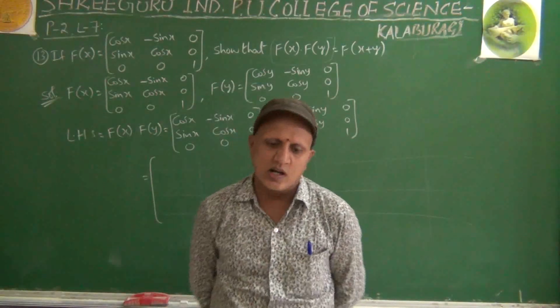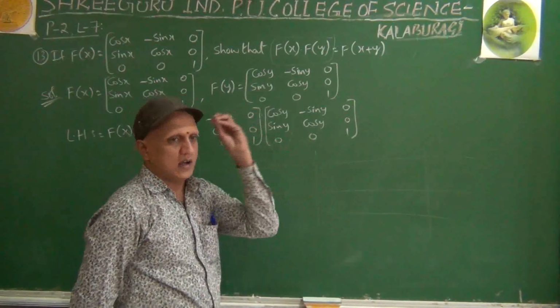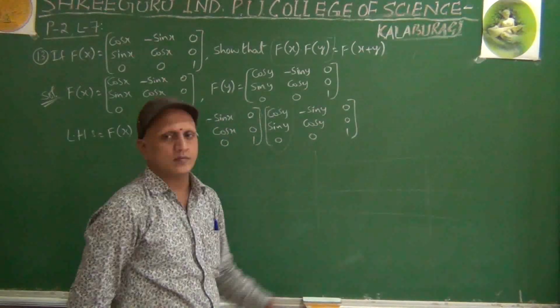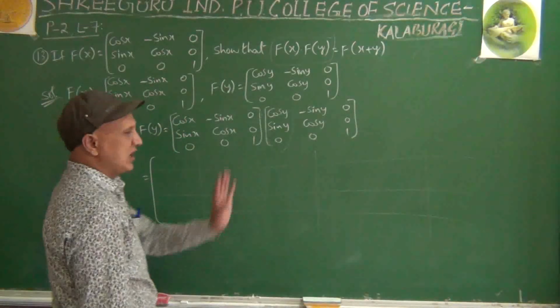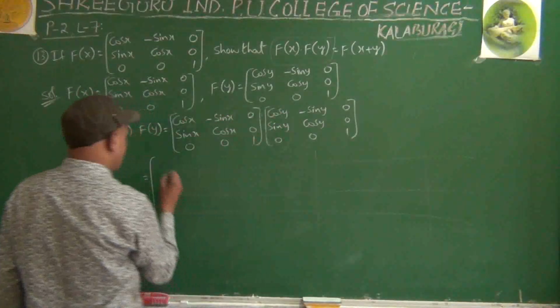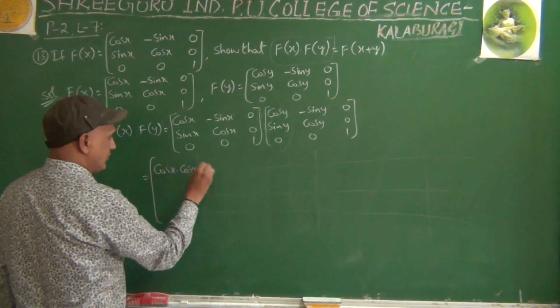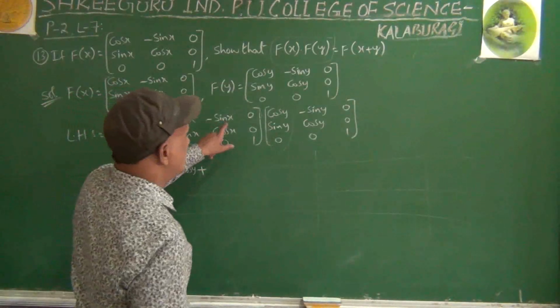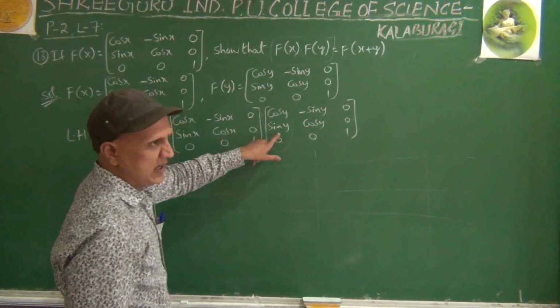Okay, now cos x into cos y will not become cos xy. Cos x into cos y only. Okay? Cos x into cos y, cos x into cos y. Plus minus sin x into sin y.